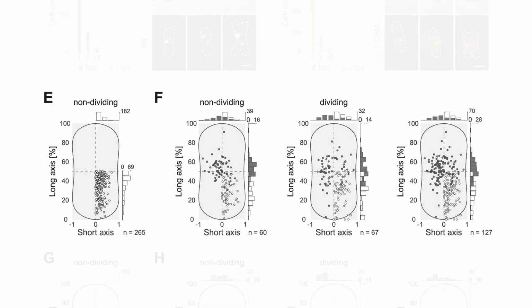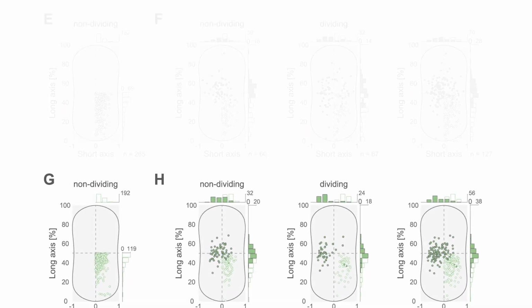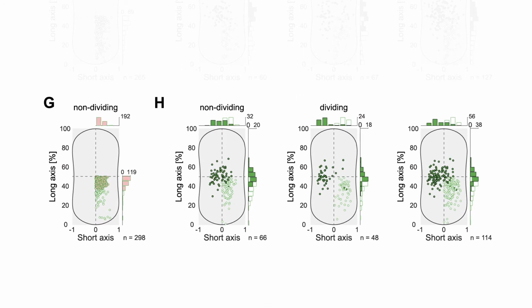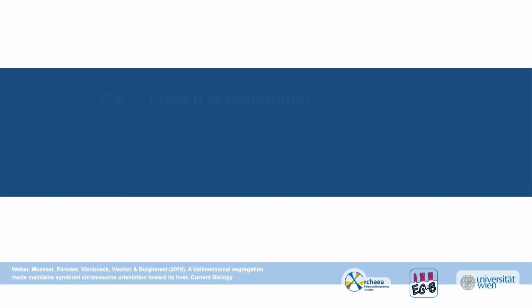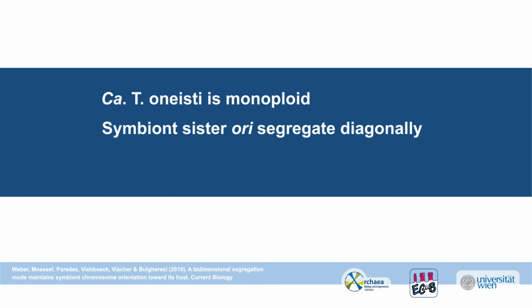A very similar localization pattern was observed for ParB, a near mid-cell position in non-dividing cells and then migration towards opposite cell halves diagonally. We concluded that Candidatus Thiosymbion oneisti is monoploid and that its sister ORI segregate diagonally, which is along the short and the long axis before septation starts, and that ParB recapitulates the ORI localization.